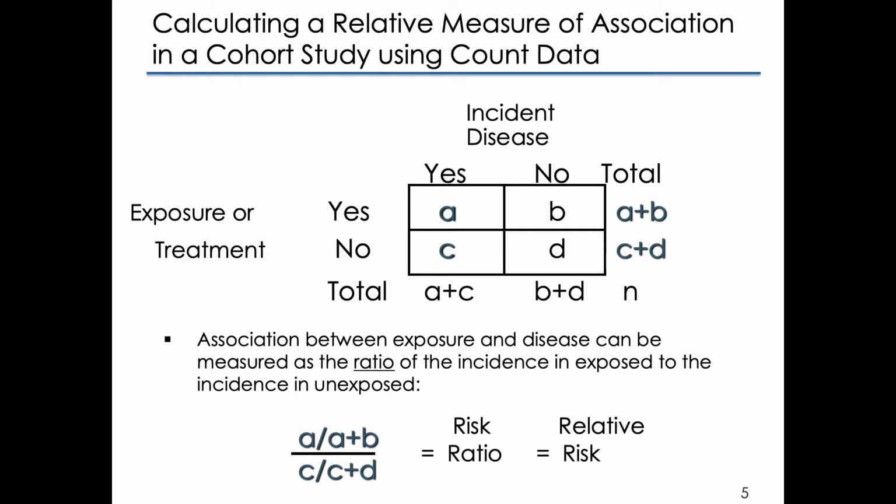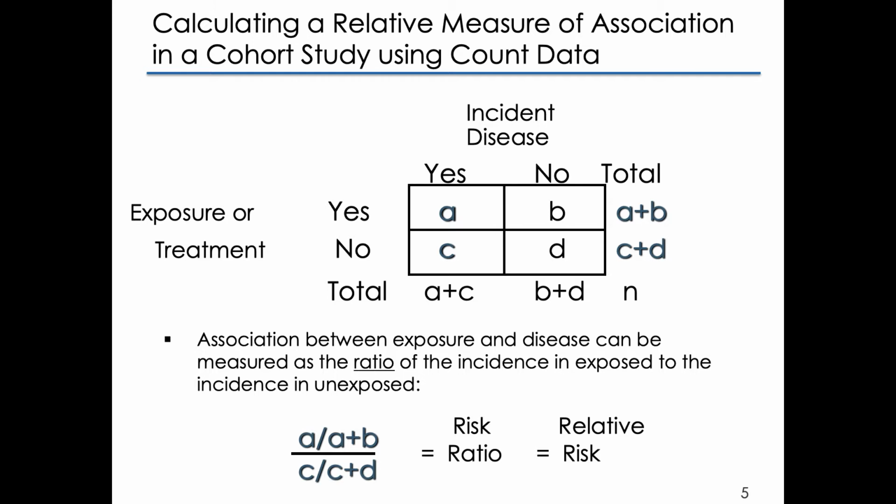So how are we going to calculate this relative measure of association in a cohort study or a randomized controlled trial? It would be the same, using count data in our denominator. So this slide shows the 2x2 table that we've seen frequently before, where we have exposure status, top row and bottom row, yes or no for exposure or treatment, and then disease status, yes or no, in the columns. So the association between exposure and disease can be measured as the ratio of the incidence in the exposed to the incidence in the unexposed.